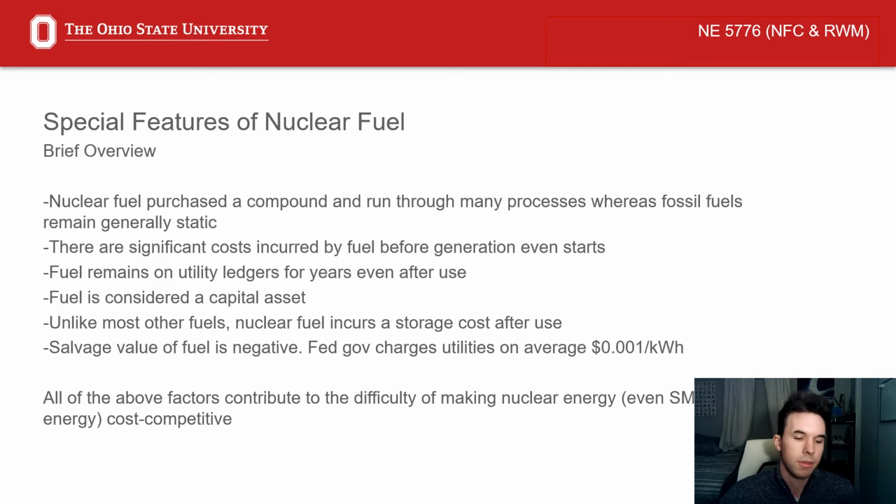Also, the interesting thing is the salvage value of nuclear fuel is negative. In fact, the federal government charges on average, I think, about 1/10 of a cent per kilowatt hour. So all of these factors do add up, making nuclear fuel a bit less cost competitive.